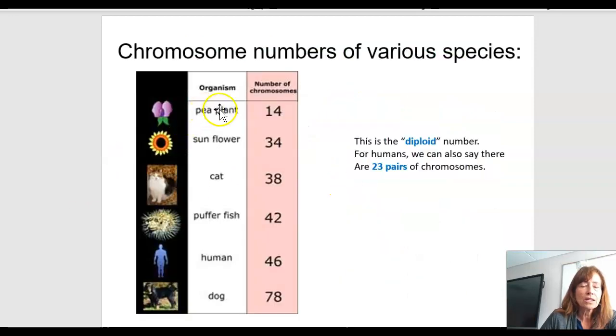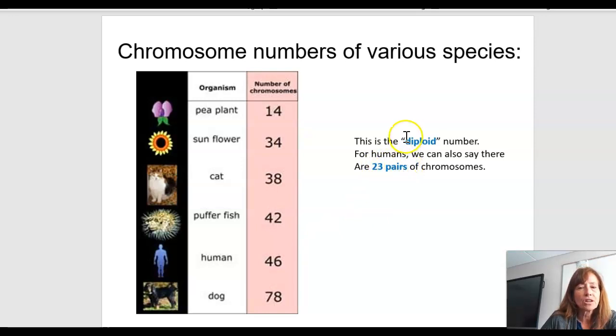So when we see this and we say that, oh, here's us, let's go to humans. So humans have 46 individual chromosomes. We also know that those chromosomes are found with a partner, so they're in pairs. So in this case, a human, which has 46 individual chromosomes, would be said to have 23 pairs of chromosomes.